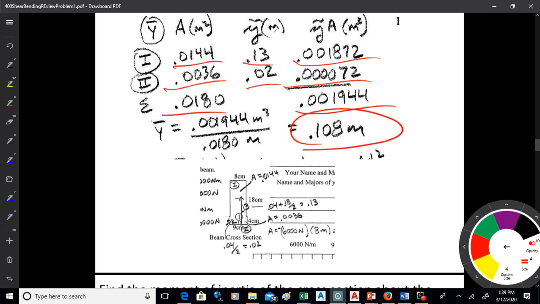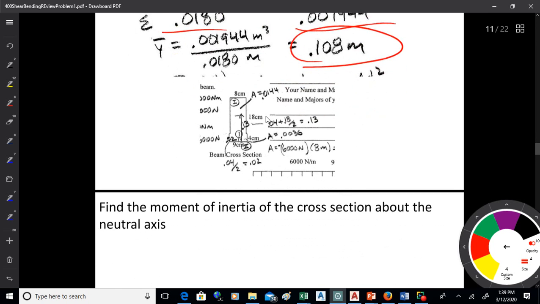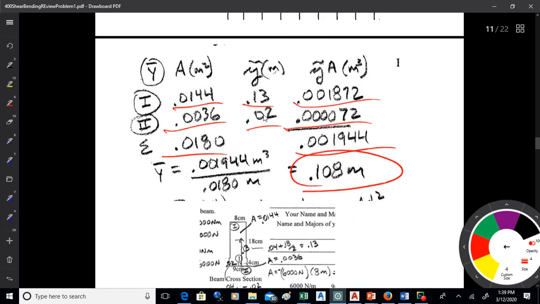So now you want to calculate the moment of inertia about that point. After you've got that, find the moment of inertia of that shape about that location, which is the neutral axis.